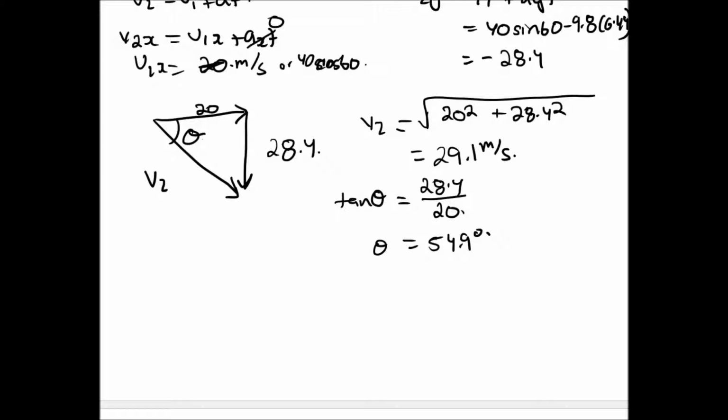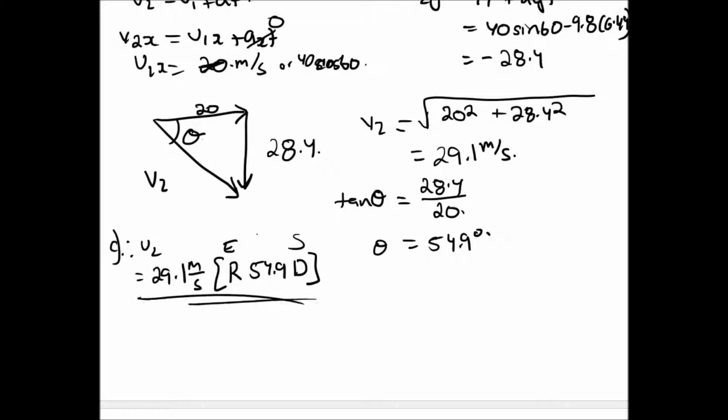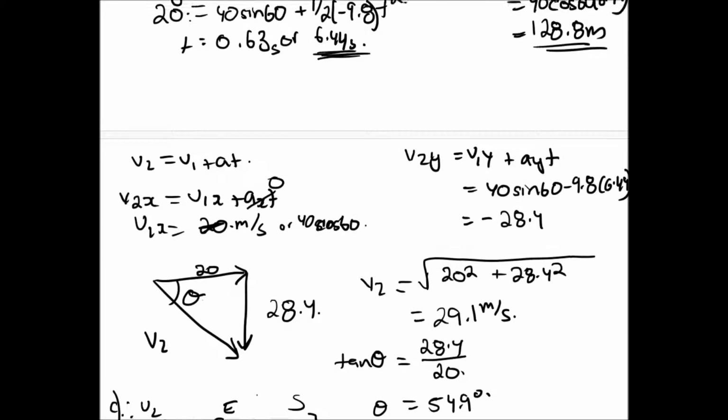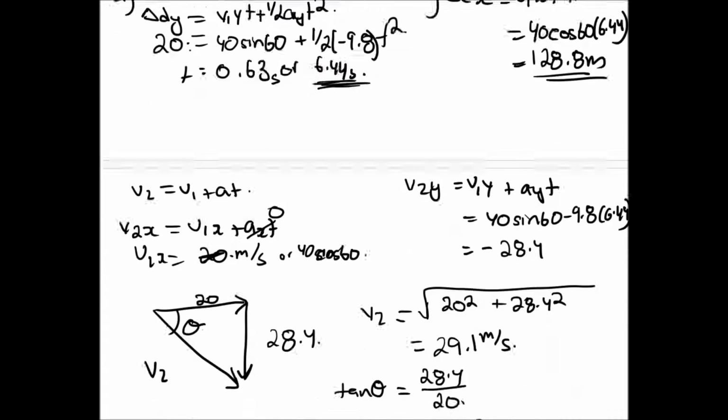Let's just put this together, and therefore v2 equals 29.1 meters per second, right or east, 54.9 down or south, either works. So that's part C, and last part is find the maximum height.